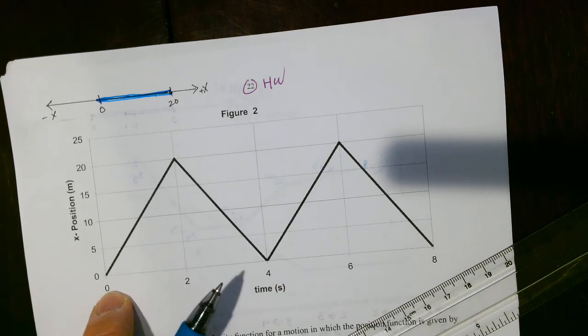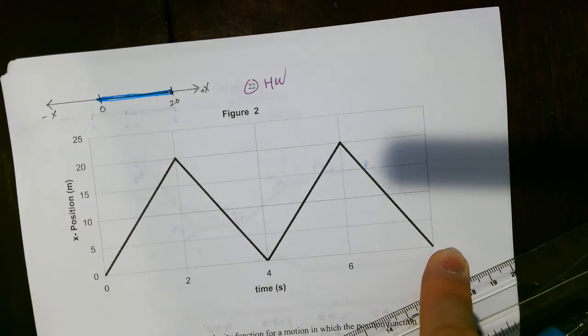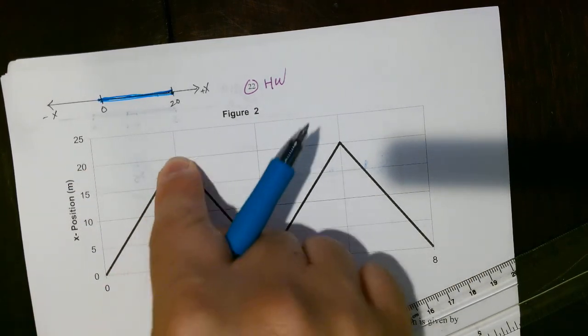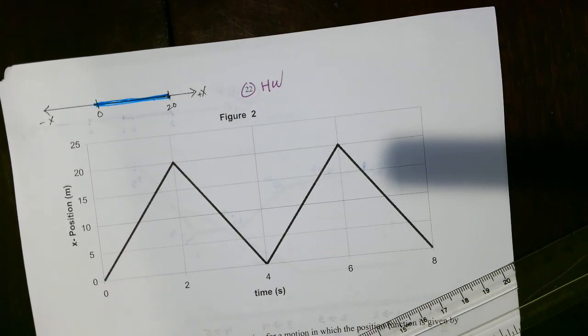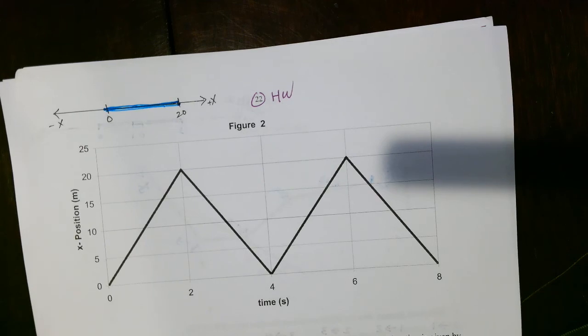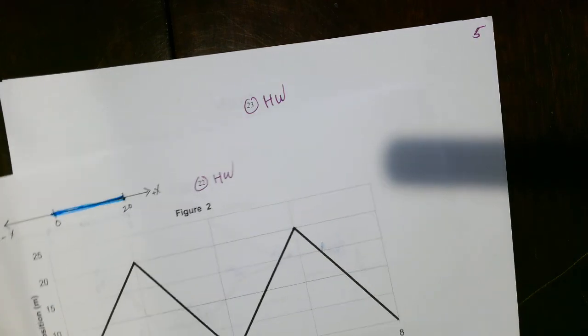So when we have the position versus time graph, the slope of the position versus time graph represents the velocity, all right? So maybe we can write that down up here.